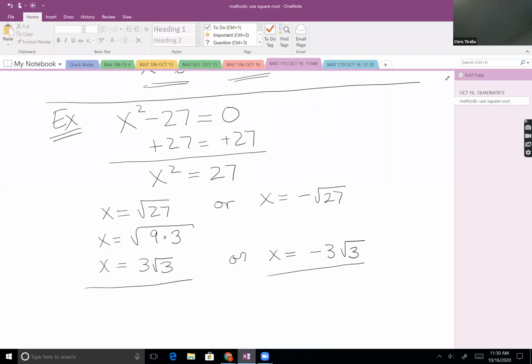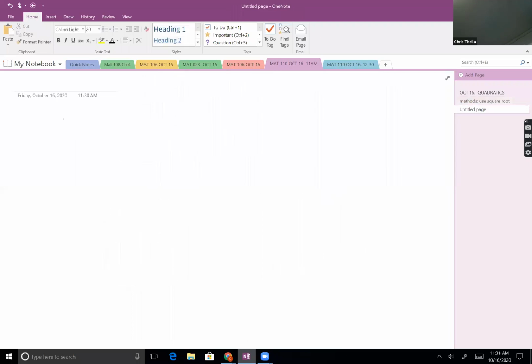Next example is a little bit more involved. Is everybody done with this one? Yep. Next example, let's look at x minus 3 quantity squared equals 81. The way in which we were doing this last class, remember we multiplied that left-hand side out.